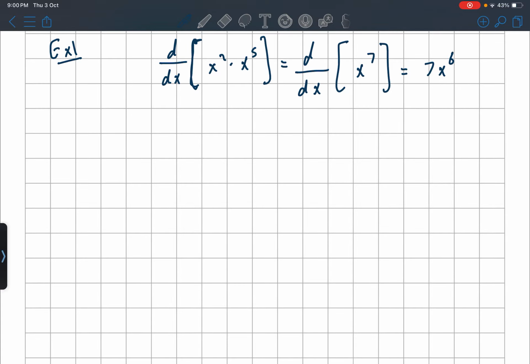And actually most students will say, why don't we distribute the derivative?